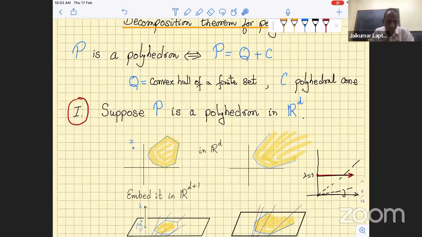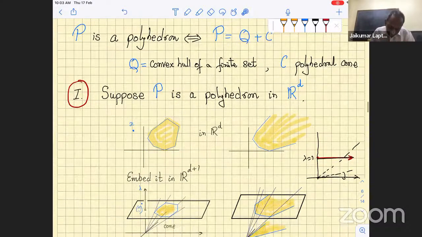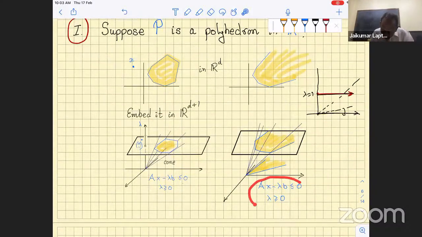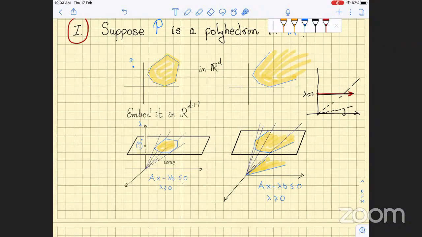So first I have to convert my situation into cones, and I do it completely algebraically by saying that whatever equation you had to begin with, you add a lambda to it in this fashion. Is this clear? But the intuition is this, that you place the old cone at lambda equals 1. Is that clear? Yes, okay.